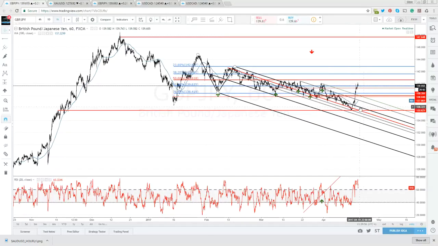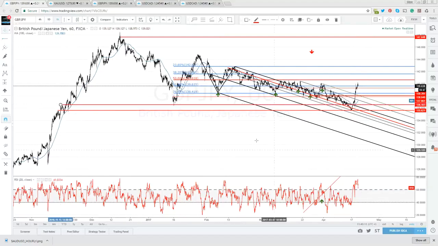Another reason why I thought 136.40 would have been a level where I did go long, but I got stopped out, is for this reason. This line, same thing, kind of an important level here. It respected it here.